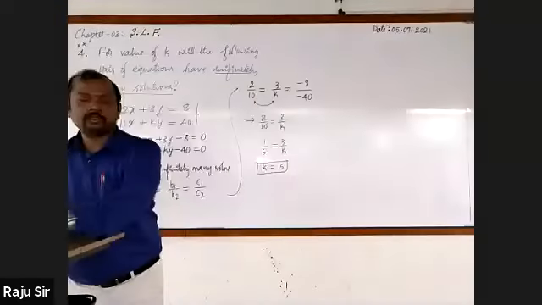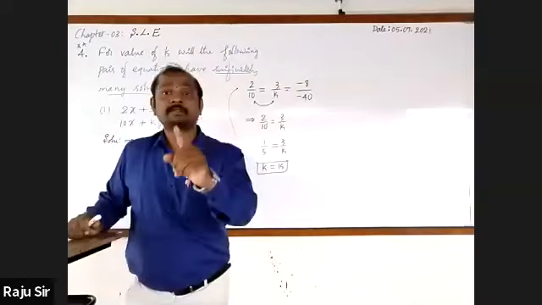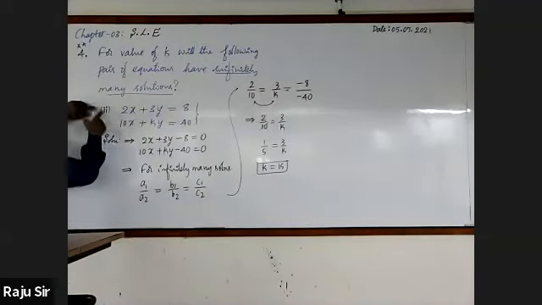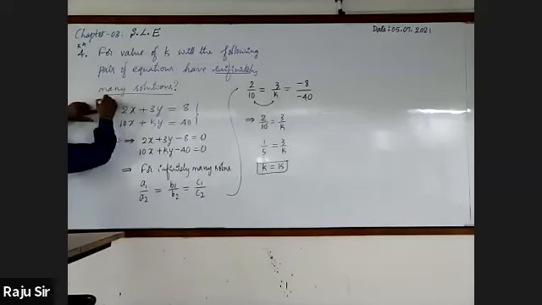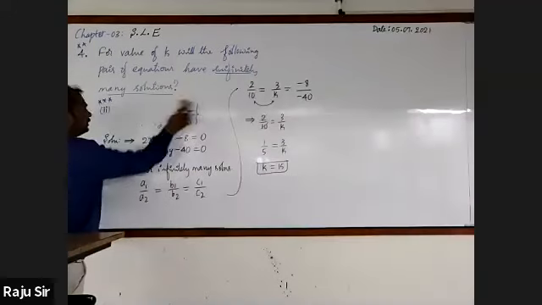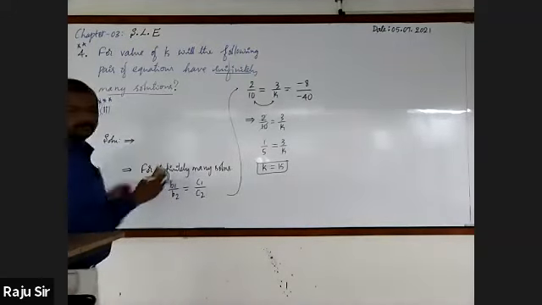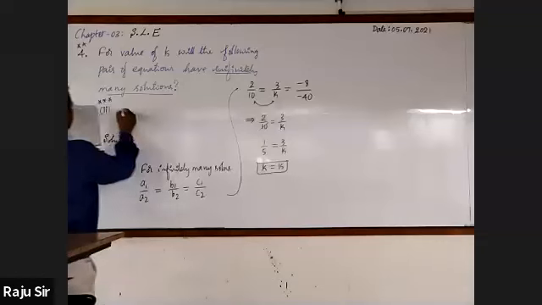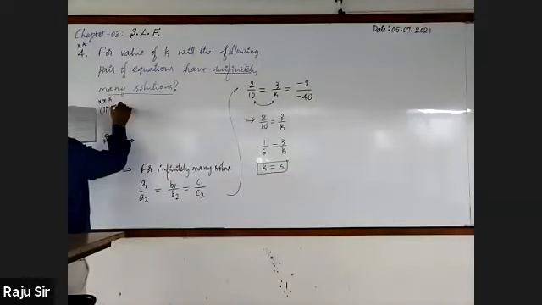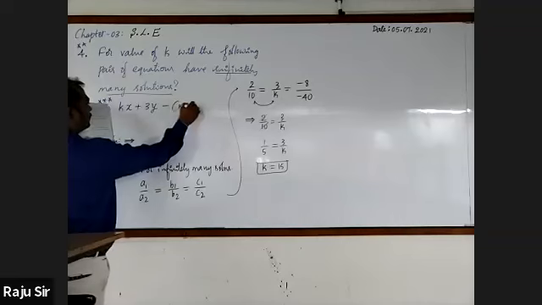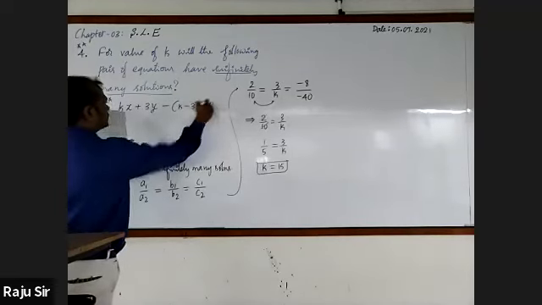Now, I'm going to give you a very important one, which was given in the examination. Fourth main question, second sub question. Put 3-star mark. Now let me give you the equations. The first is kx plus 3y minus (k minus 3) is equal to 0.